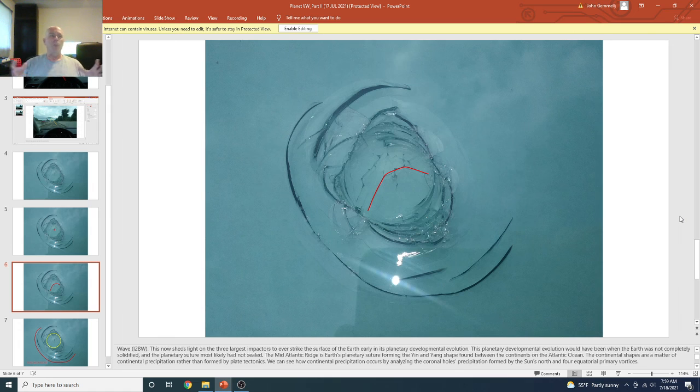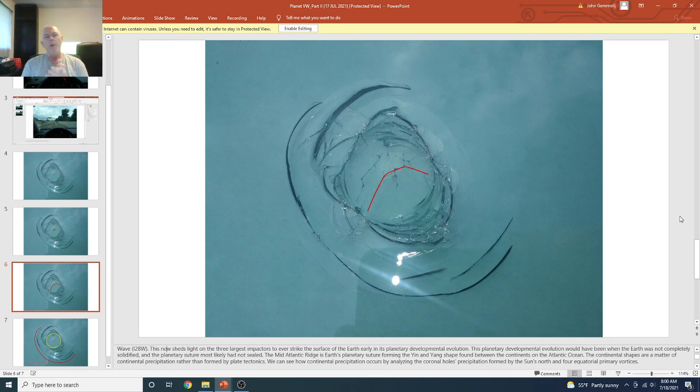So, as the primary vortices are churning when the Earth was semi-molten on its surface, right? And the mid-Atlantic suture had not sealed, had not come together to where it is today. You basically had a lot of material from the continental mass of Pangaea, which would have originated at the North Pole at the time the Earth was rotating, and very fluid, maybe not superfluid, but fluid, and had a higher viscosity.